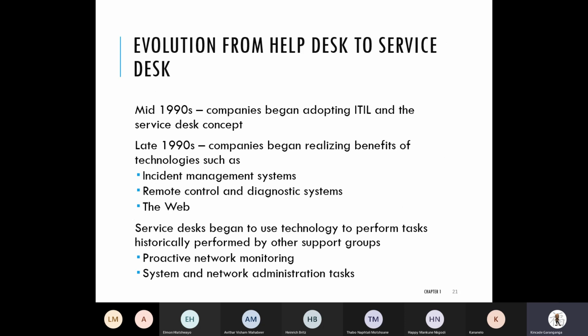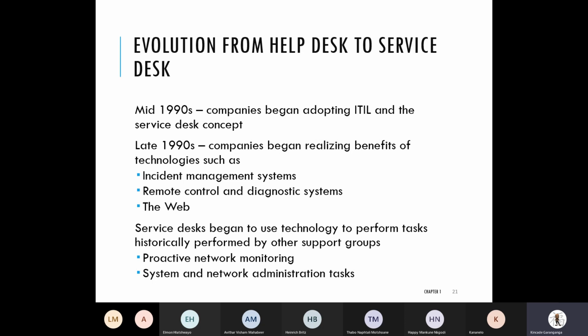And then continuing with that whole concept of your evolution, you'll find that a lot of institutions adopted that document or the guideline we were talking about earlier on, and the actual concept of your generic service desk environment.